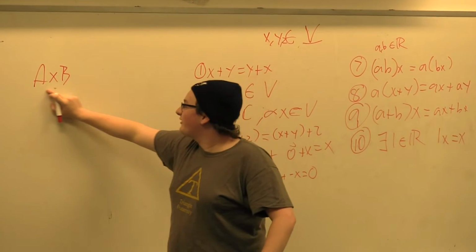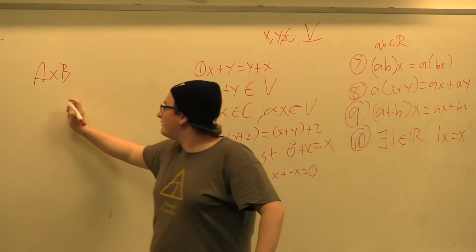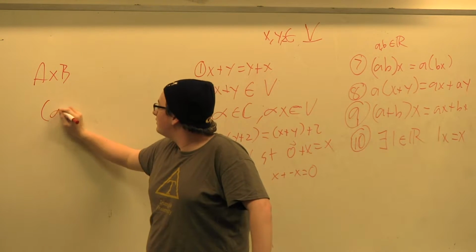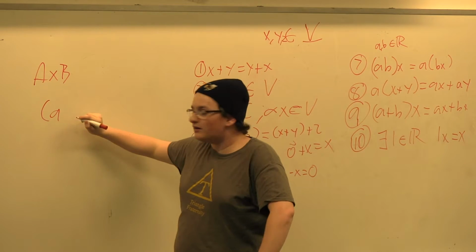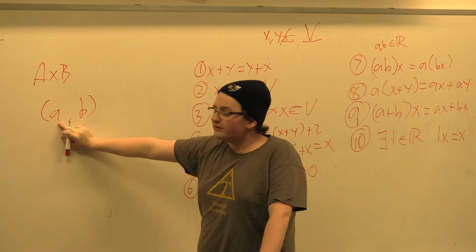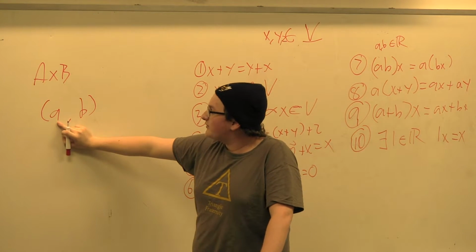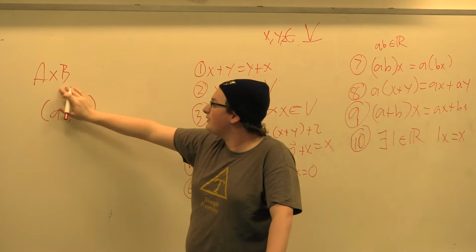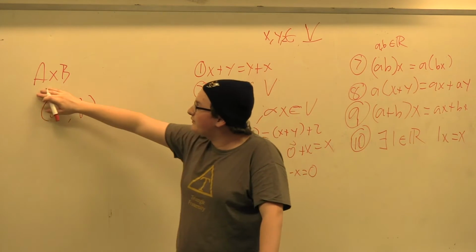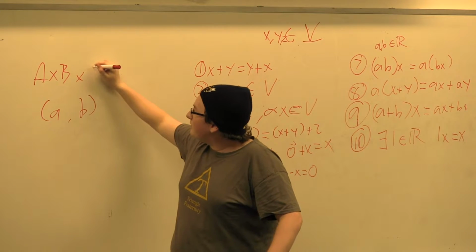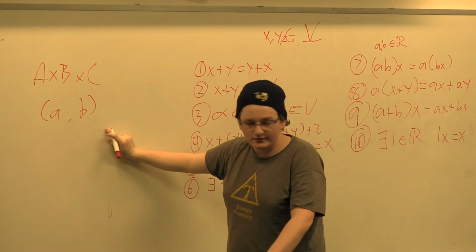Sorry. Yeah. Their Cartesian product, A times B, is an ordered pair, where the first part is an element of A, and the second part of the ordered pair is an element of B. This is the Cartesian product of two sets, but I can then take this Cartesian product and take the Cartesian product with a third set.